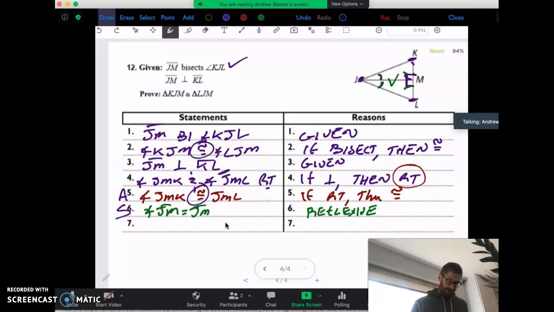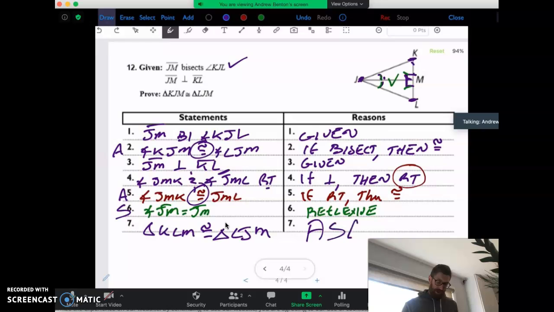Oh, here it is. I have another angle. So now, is it angle, angle, side, or is it angle, side, angle? When you look at it, you know that the side is included because it's touching both angles. So it's going to be angle, side, angle. Triangle KLM is congruent to triangle LJM because of angle, side, angle.